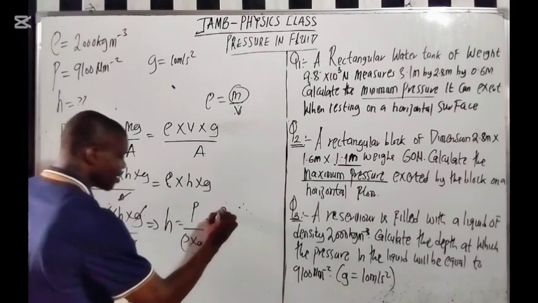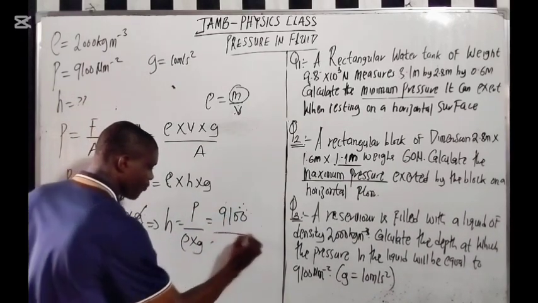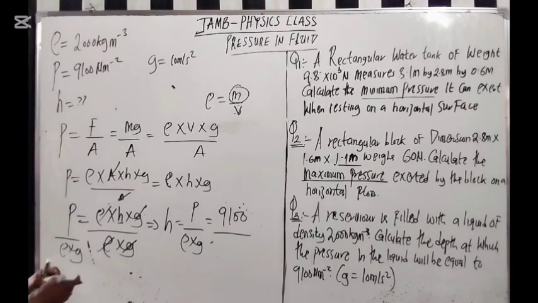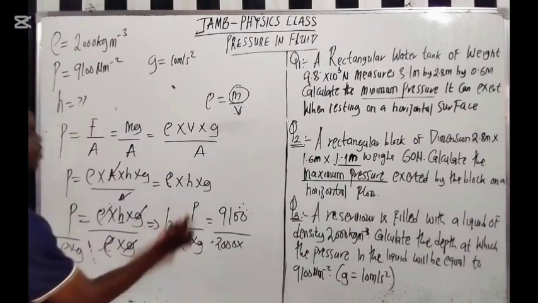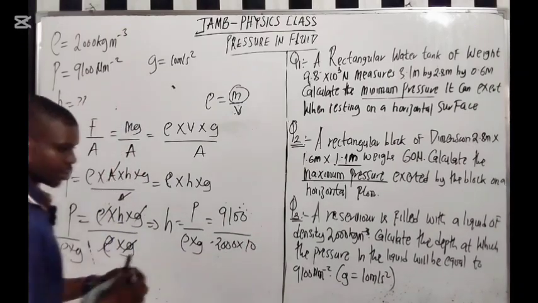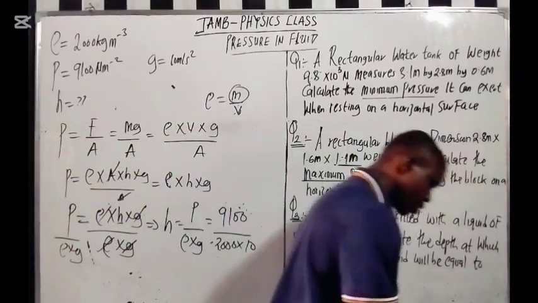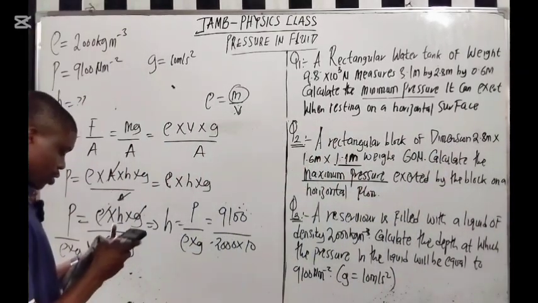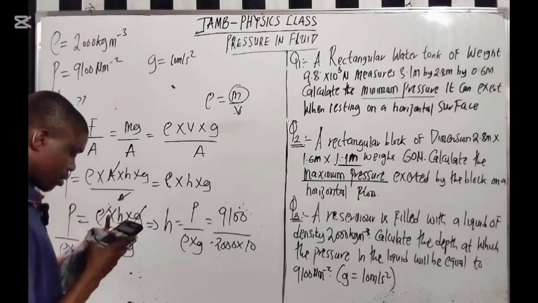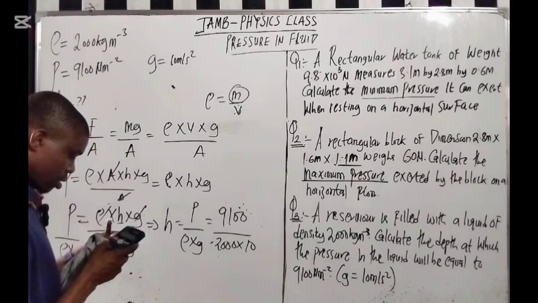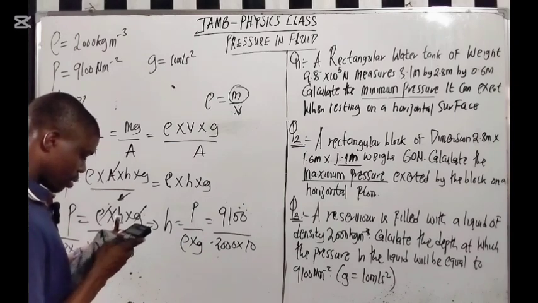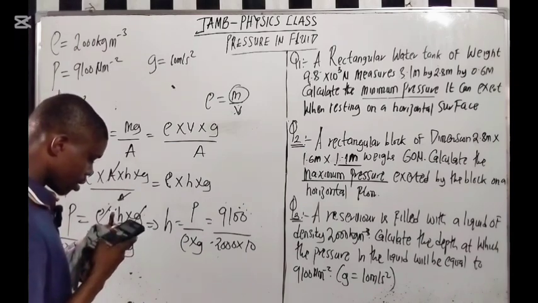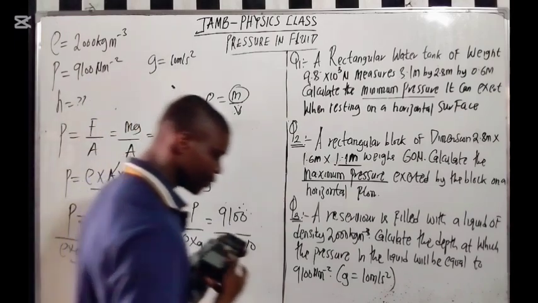So input your values here. We have 9100 over, right? My density is 2000 times g, which is 10. This is it. So let's get our answer here. You have 9100 divided by 2000 times 10, that is 0.455.